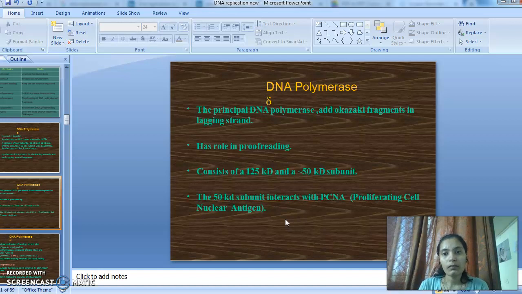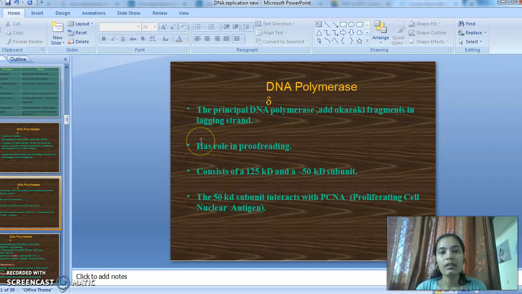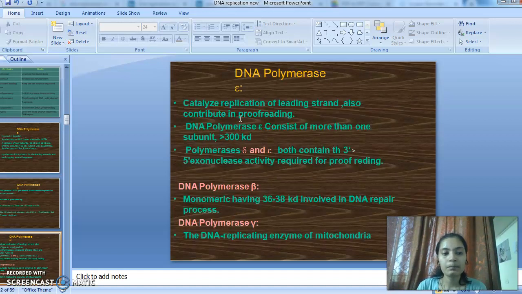That is called the leading strand, whereas on the lagging strand only small parts of DNA are synthesized, which are later joined. Those are called Okazaki fragments. So on the lagging strand, DNA is synthesized in small parts called Okazaki fragments, and DNA polymerase delta plays a role in that.